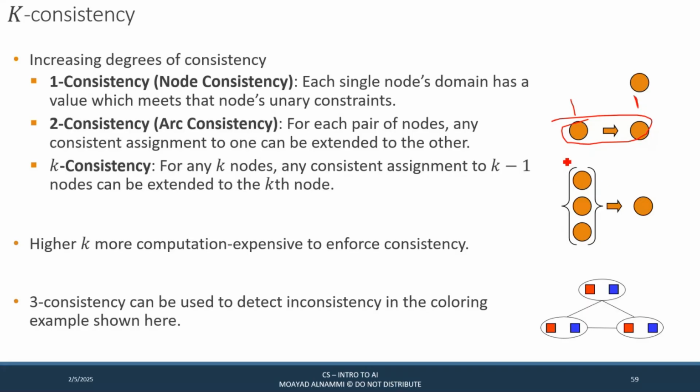In k consistency, you check an assignment of k-1 variables versus one more variable, right? So this is a stronger notion. And for example, 3 consistency can allow you to detect failure in this scenario. However, you are going to pay more computation cost, right? And so this is just for your reference. We won't really go into more details than this. For our case, we're just interested in node consistency and arc consistency.